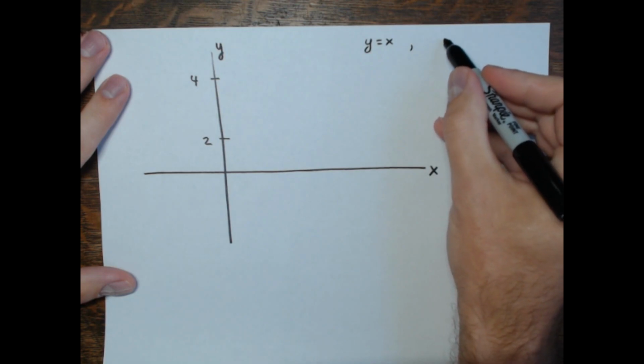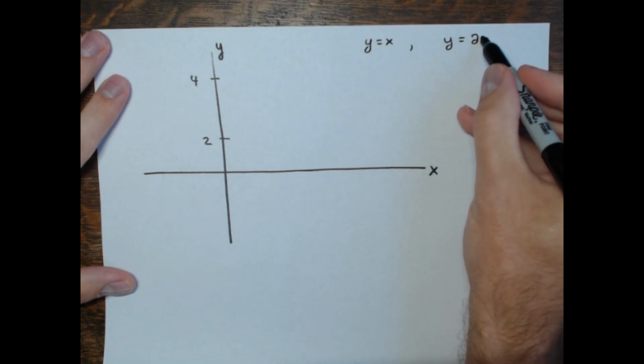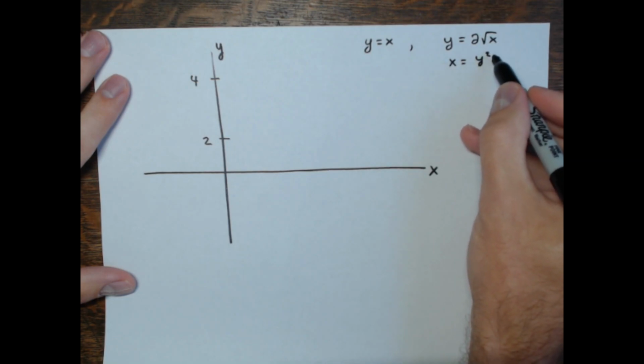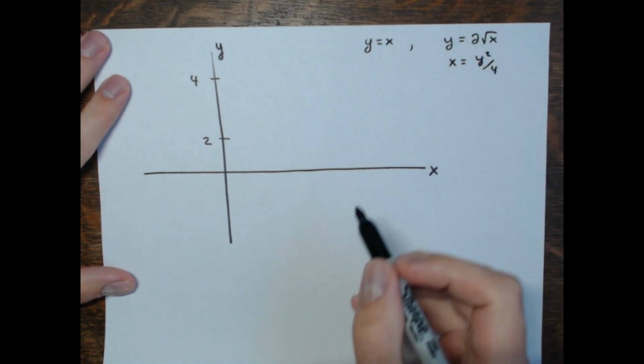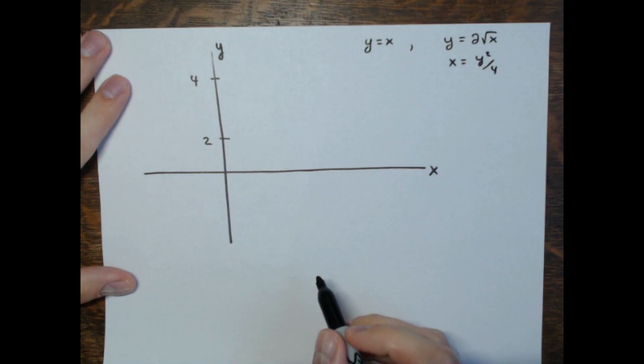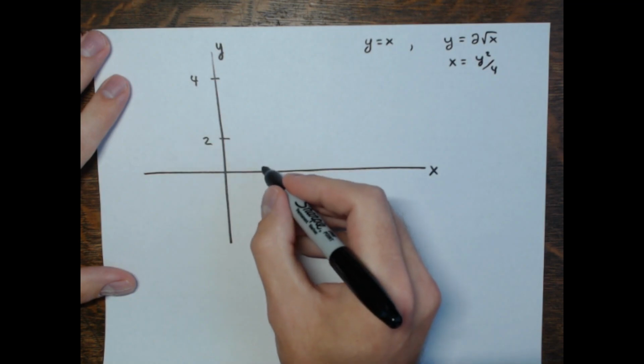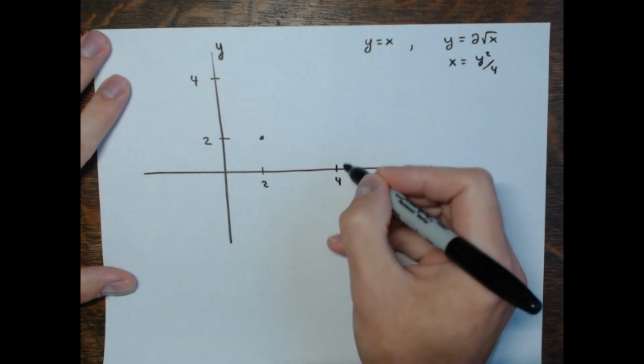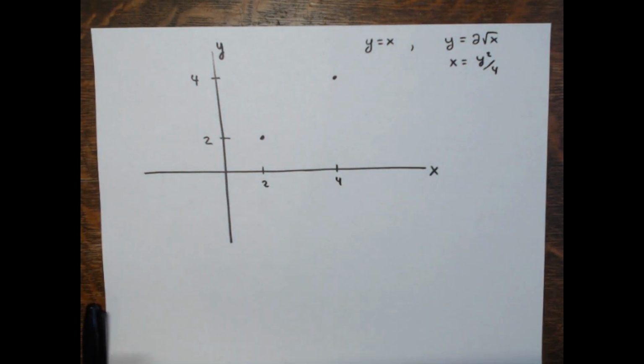The other curve is g of x equals 2 square root of x. But that's the same thing as x equals y squared over 4. Divide by 2 and square both sides. We've seen a curve like that already. Say y equals x, when y equals 2, x equals 2, when y equals 4, x equals 4, right? And this is just a straight line.